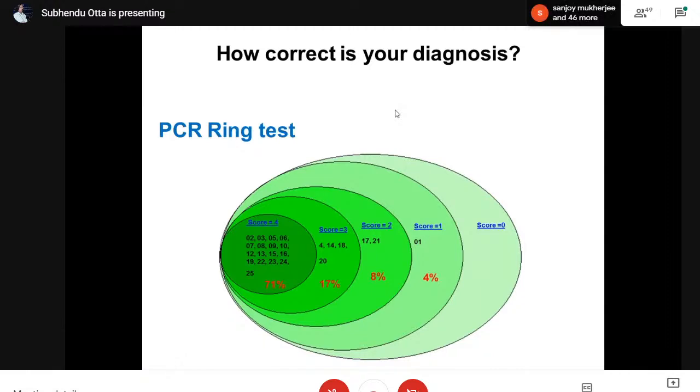It prepares different grades of positivity: a control sample without any virus, one sample with low copy numbers of virus, which may be positive in nested PCR only but not direct PCR, then a medium level of virus or a high level of virus, which will give a result immediately in the first step. So different unknown samples are sent to participating laboratories. They do the test, and the samples are given unknown codes like A, B, C, D, or X, Y, Z. You have to give the code numbers. They do the test and send back the result. Based on that, you can decide whether they are efficient in doing the proper test or not.